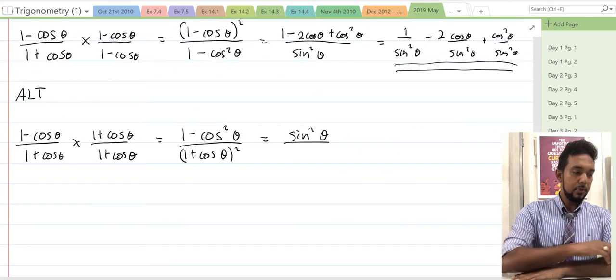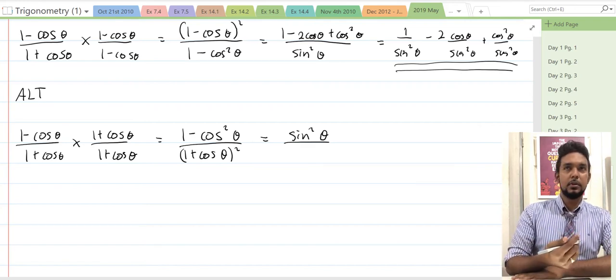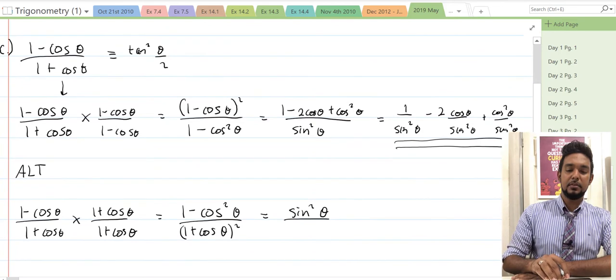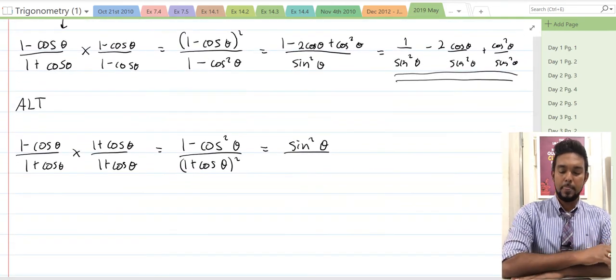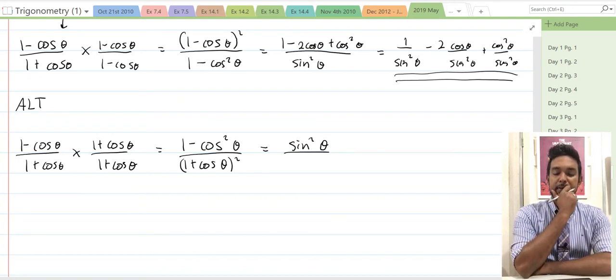If you want tan squared, sine squared over cos squared could work. But that's sine squared, and they want tan squared of half theta. If we expand that denominator, I wonder if it will just make it messier.